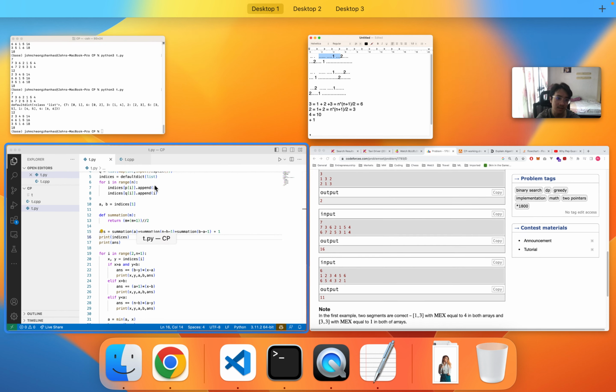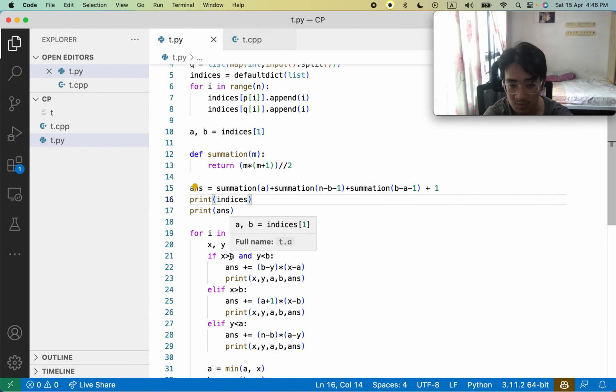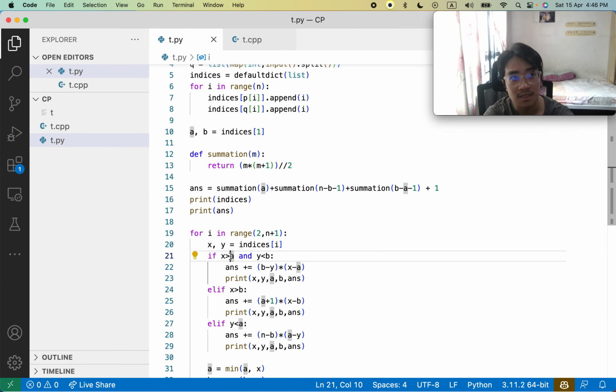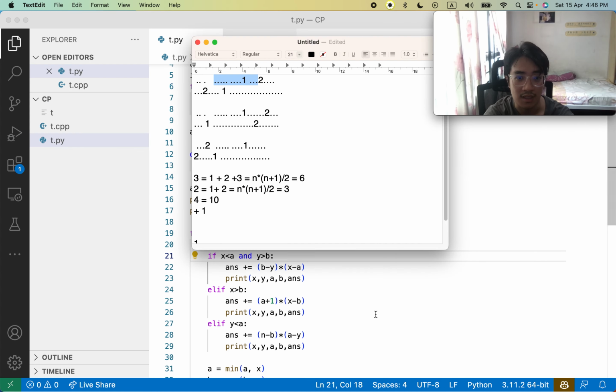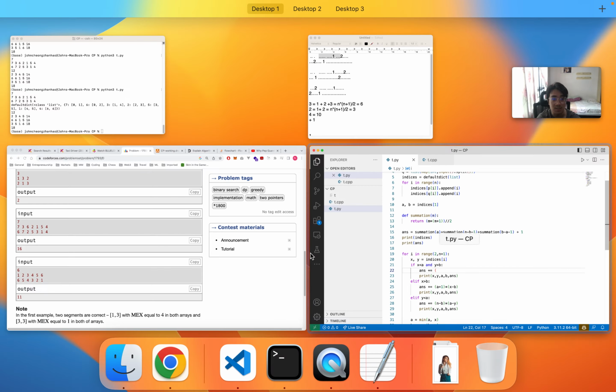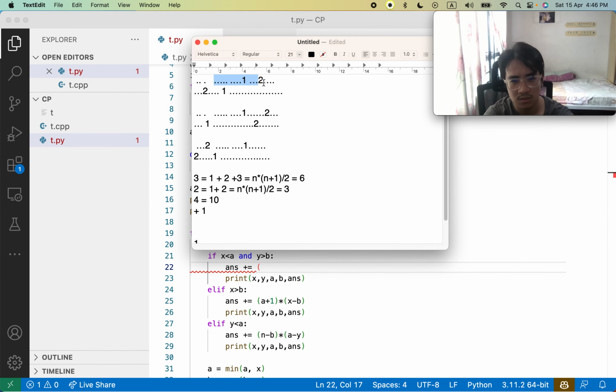So yeah, this is not only wrong, the calculation is going to be wrong as well. So if x is lesser than a and y is greater than b, it's not going to be this, it's going to be this. This is quite bad. Yeah, horrible. So y minus b times a minus x, basically.